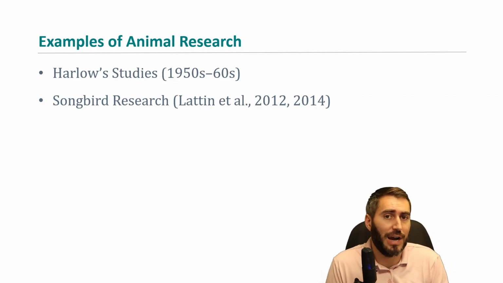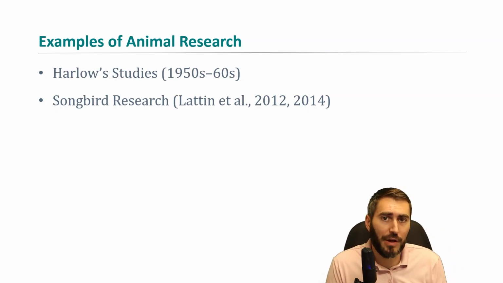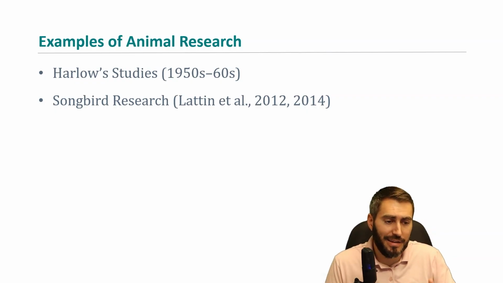And ultimately what they found is that there was a preference. The monkeys did prefer the warm, comforting mother, but the downside, and really the sad part of this, is that they would actually forego physical nourishment that they needed in order to just stay with the warm, comforting mother.